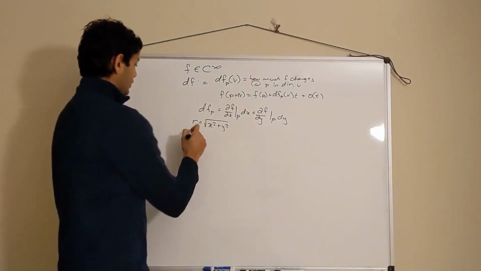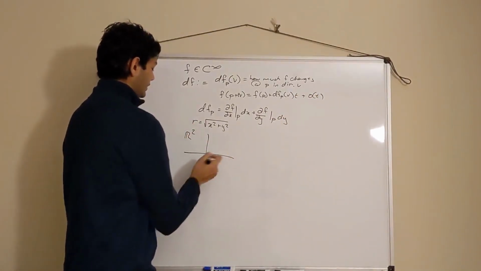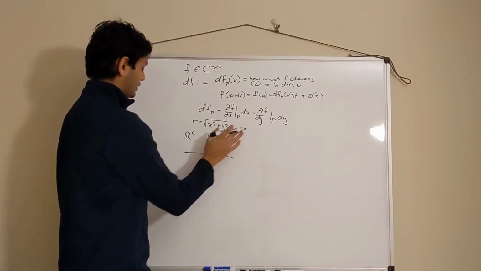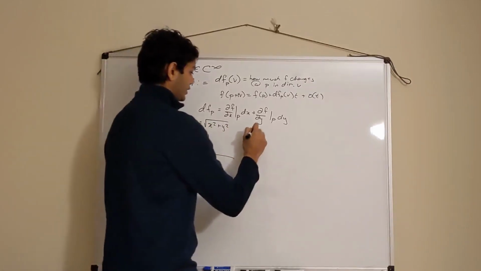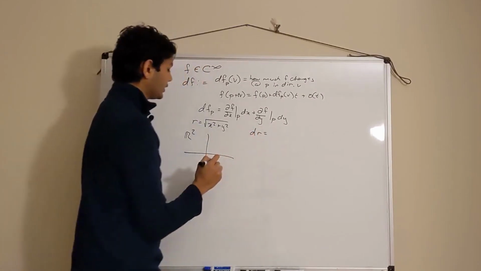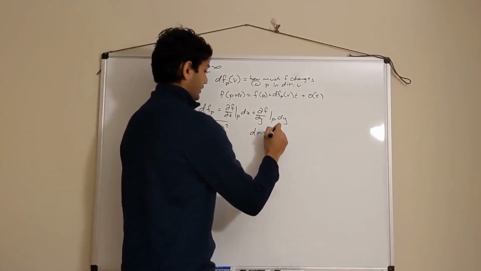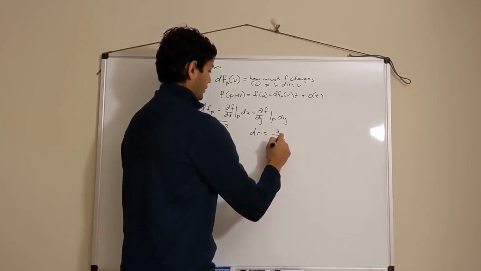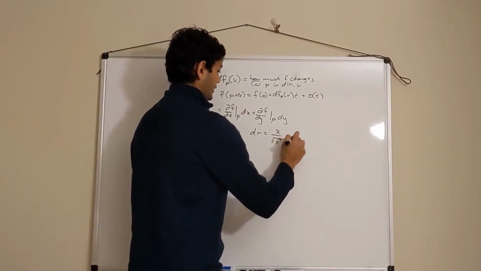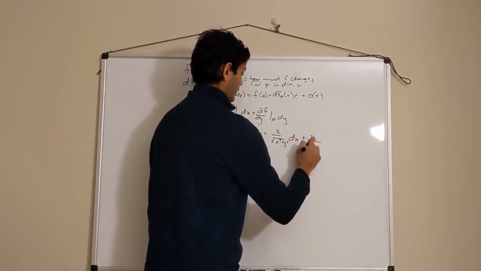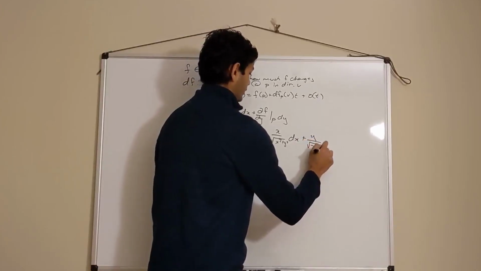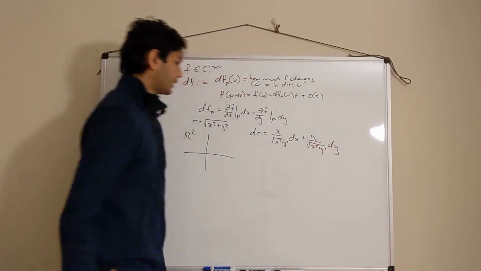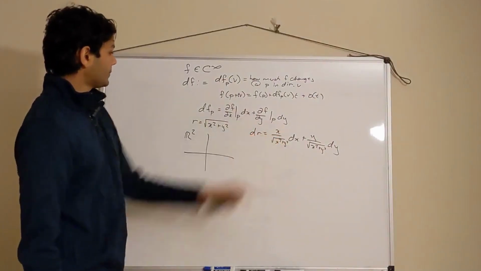So in R2, r is just measuring the distance from the origin. Let's compute what dr is. dr is going to be x over square root of x squared plus y squared dx plus y over square root of x squared plus y squared dy. That just follows from this formula.